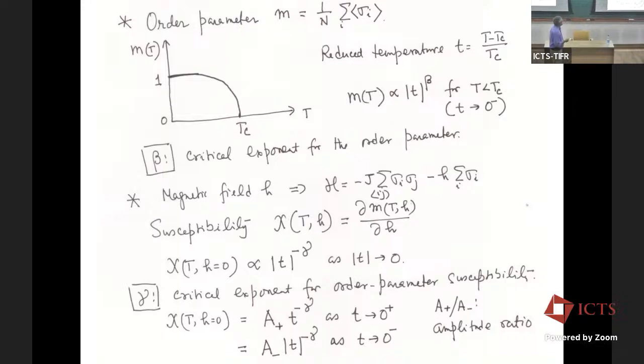Now if I look at the susceptibility, which is how the magnetization depends on the magnetic field, it is the derivative of the magnetization with respect to the magnetic field. One finds that this diverges at the critical point. Above the critical point, m is equal to 0 when h is equal to 0.